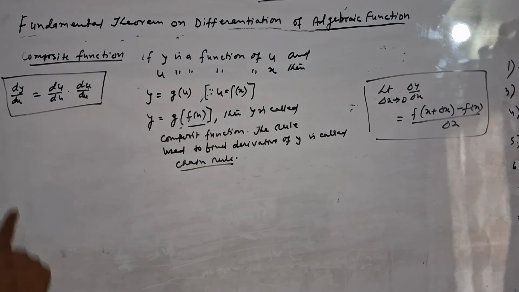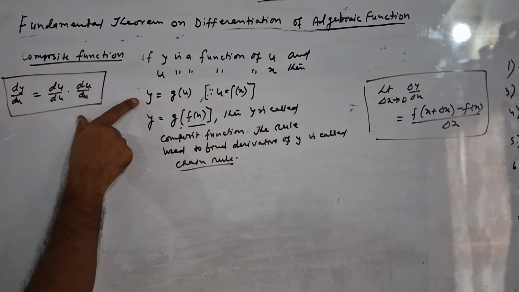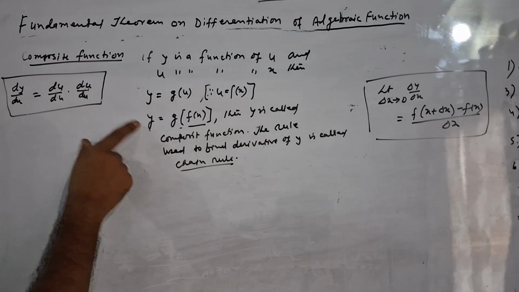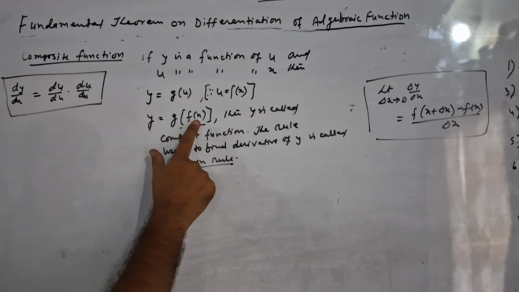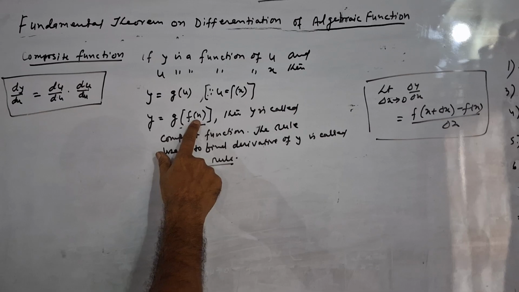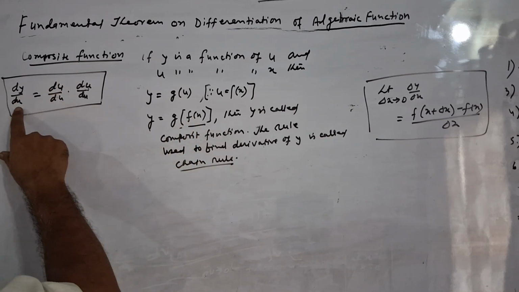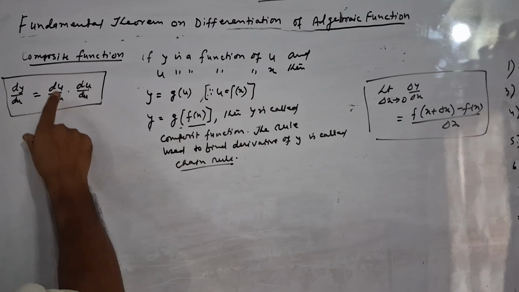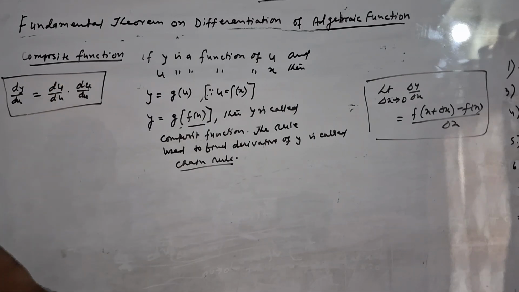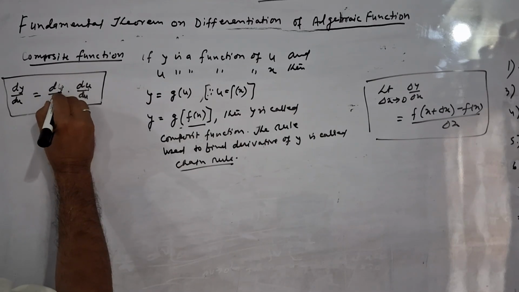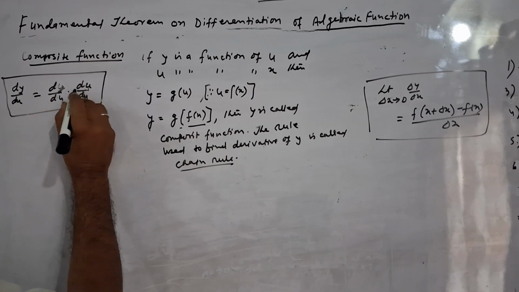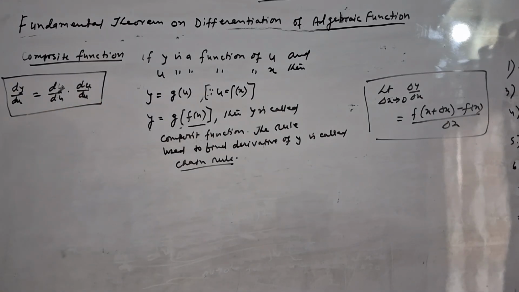What is chain rule? The derivative of y with respect to x, where x is the variable of function u, then we can write the derivative dy by dx equal to dy by du into du by dx.